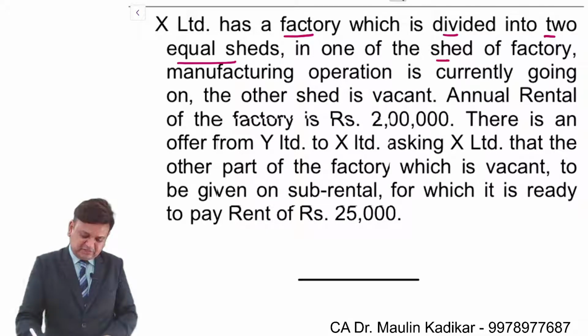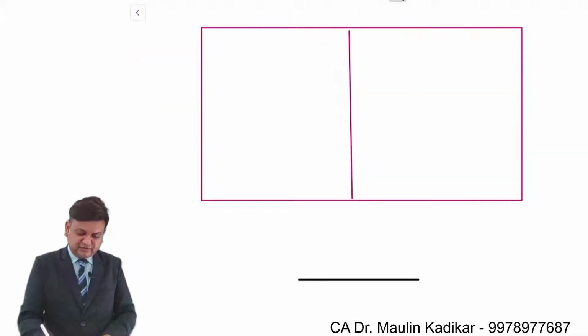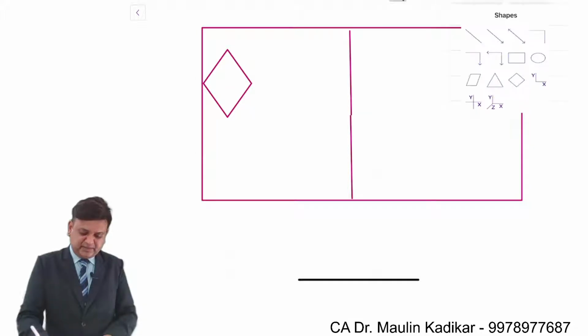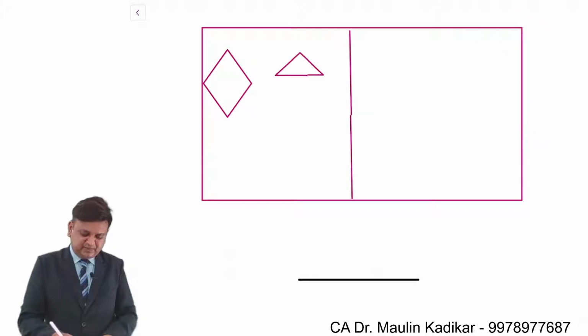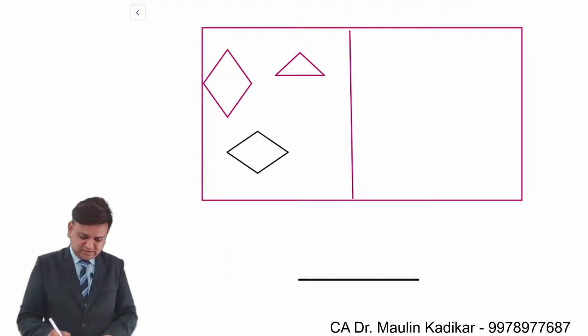In one of the sheds of the factory, a manufacturing operation is currently going on. So in one portion of the factory, manufacturing is currently going on. We are using that part of the premises for the purpose of manufacturing the product. That is what's provided to us over here.